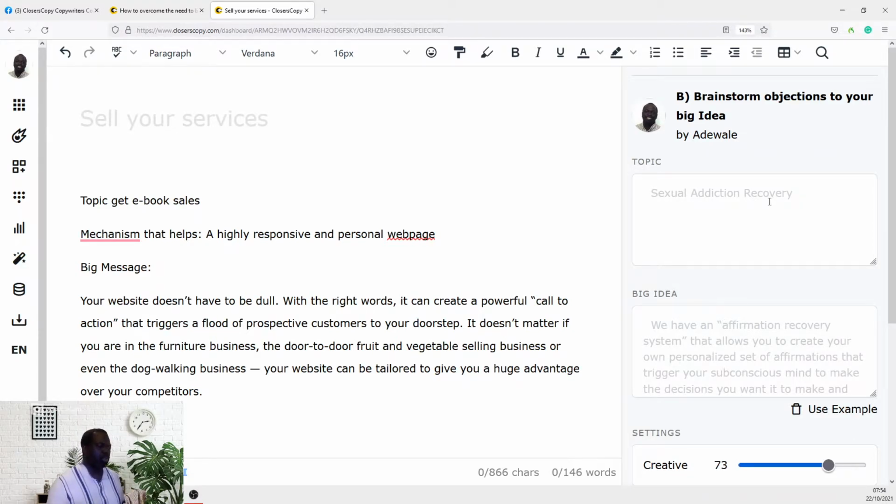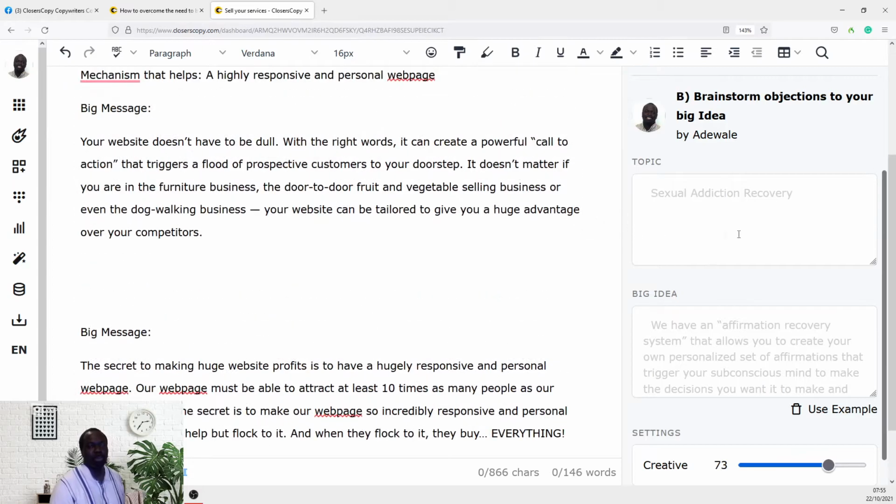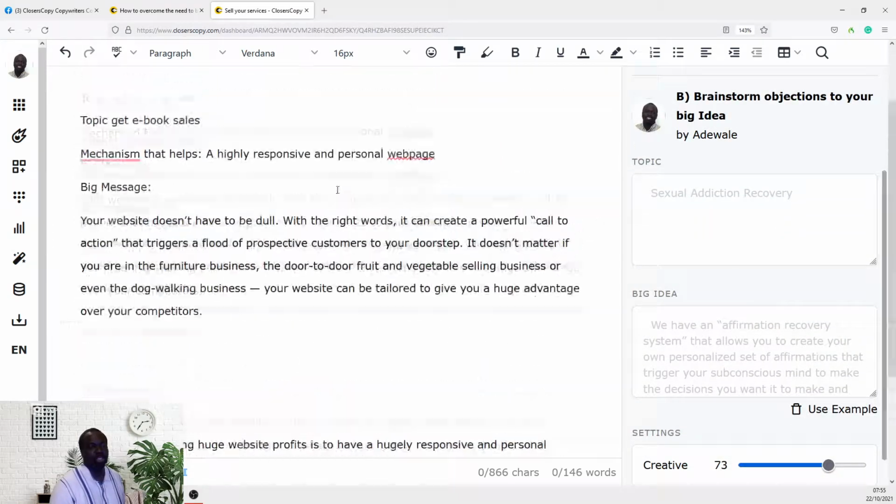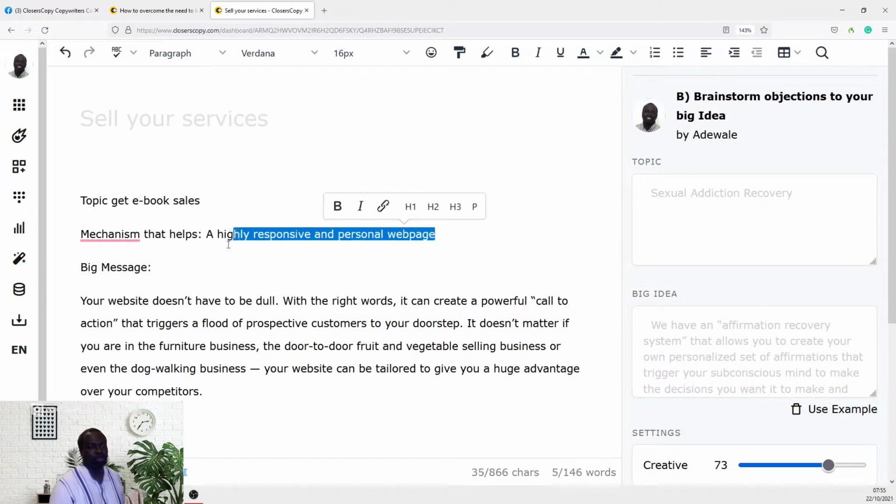So you want to be able to pull out as many angles, so I mean as many objections as possible, and then find ways of answering those objections. So that on its own can give you almost over 100 different angles to write about. Okay, so let's just pull out the objections to our big idea.